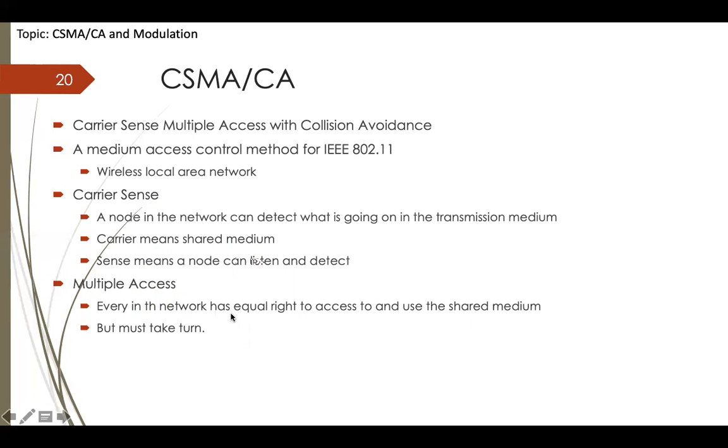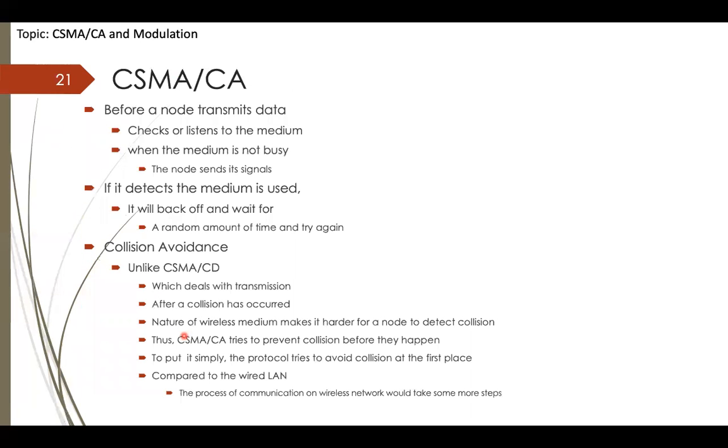Multiple access means every node in the network has an equal right to access and use the shared medium, but must take turns. As you know, we have different kinds of nodes, so each node has a right to access the channel, but each one has to wait for its turn before getting access to the channel. So before a node transmits data, it checks or listens to the medium. This is the mandatory requirement.